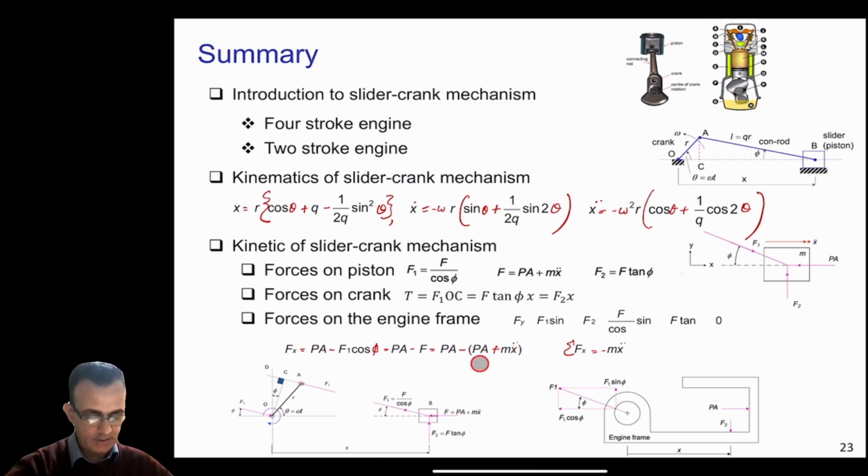So this is how the free body diagram of the engine frame will look like.